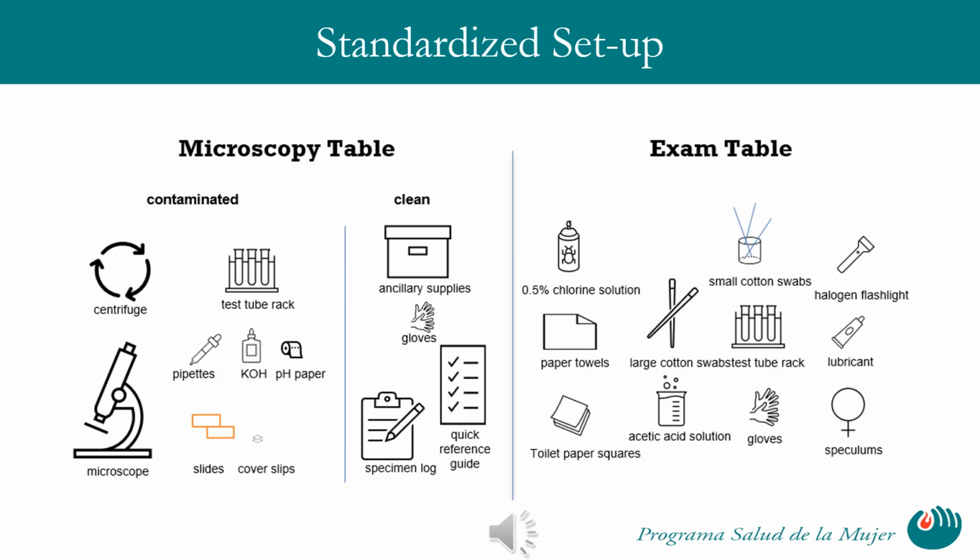This slide presents the standardized setup of our microscopy and exam tables. The layout ensures efficiency and maintains the integrity of our samples. The microscopy table is divided into clean and contaminated areas to prevent cross-contamination. The clean side holds the specimen log, a quick reference guide for infections, gloves, and a reserved space for extra supplies.